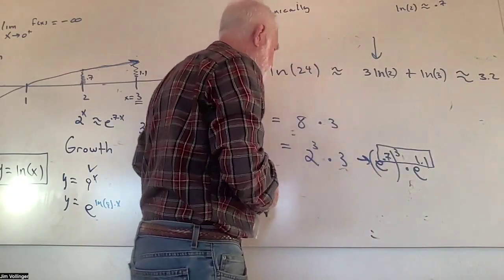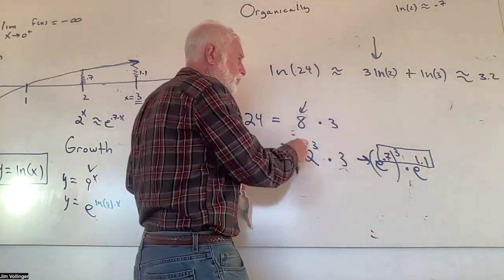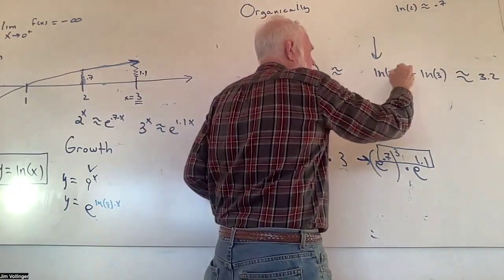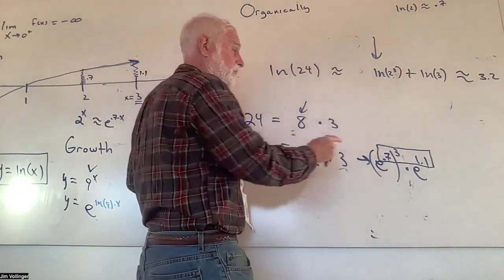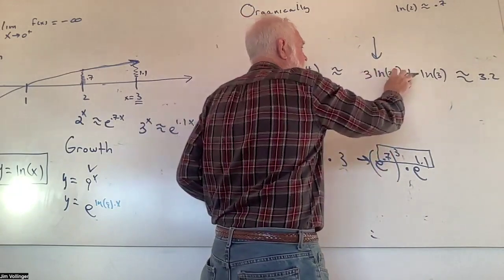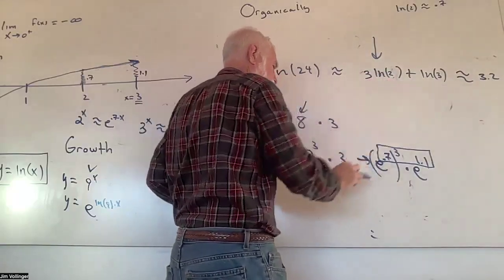Oh, okay. But remember, this was 8, right? And we did have 2 cubed. So it looks like originally that could have been here, 2 cubed. And we just noticed that, oh, that's the same thing as moving the 3 to the front of that exponential value because it's power to power.